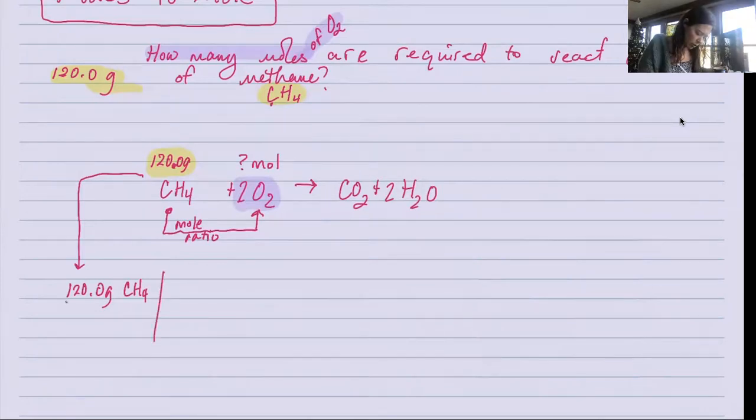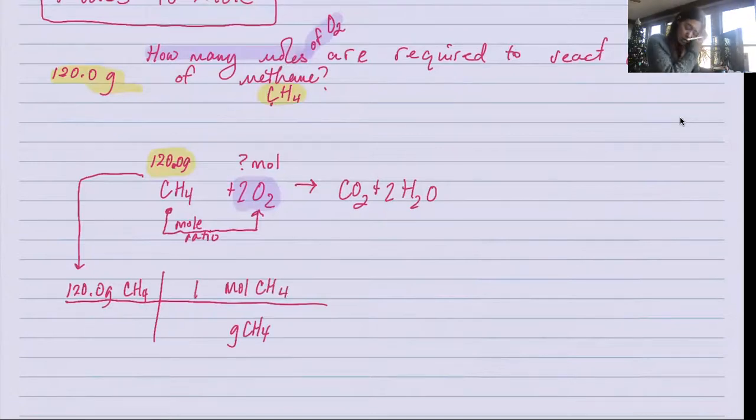So I'm going to convert my grams of methane to moles of methane, right? This is a molar conversion, so I'm going to say 1 mole. Methane has a molar mass of 16.05. Okay, periodic table.